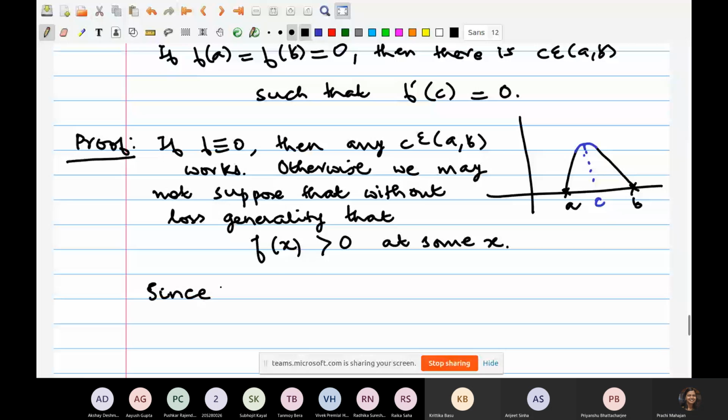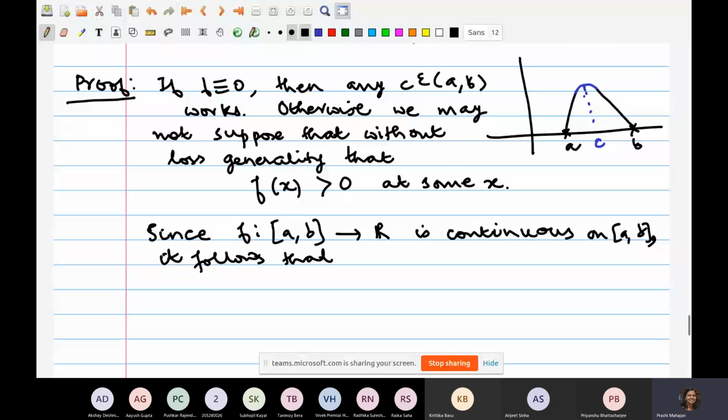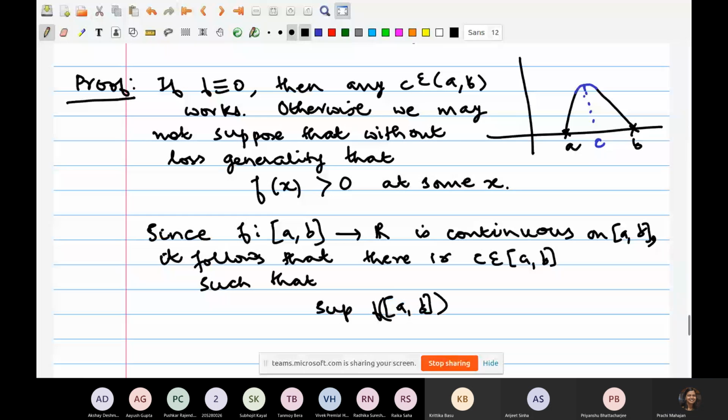Since f is continuous and defined on a compact set, it follows that there is a point c in the interval [a, b] such that the supremum of f on [a, b] is realized at c, which means that f(c) is the maximum.